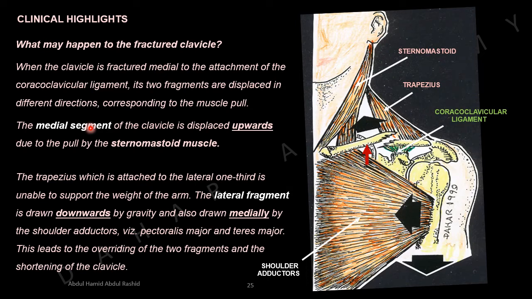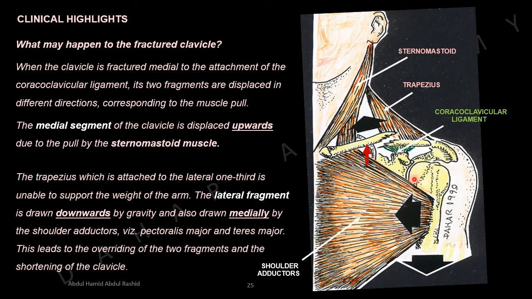The medial segment of the clavicle is displaced upwards, look here, upwards, due to the pull by the sternocleidomastoid muscle. The trapezius, which is attached to the lateral 1/3, if you see very carefully, is unable to support the weight of the arm.